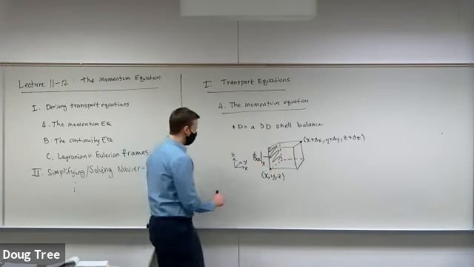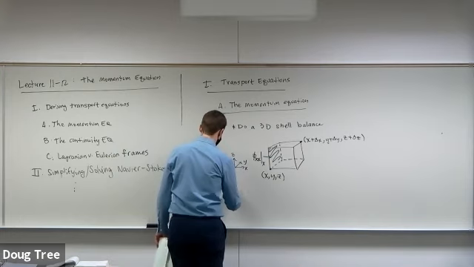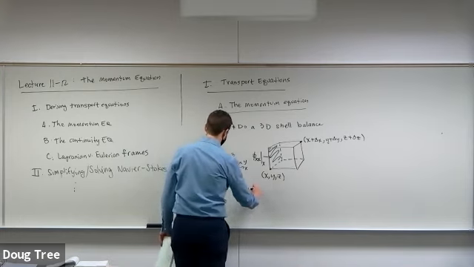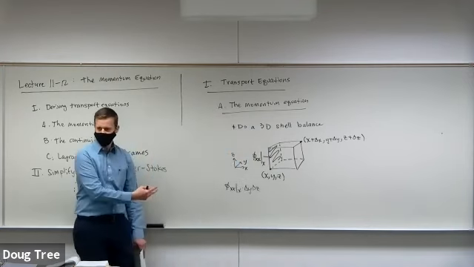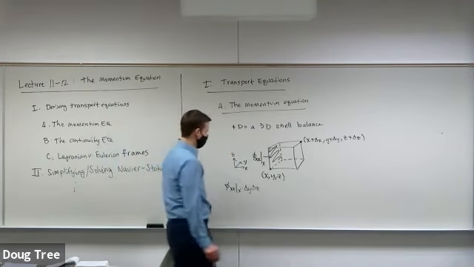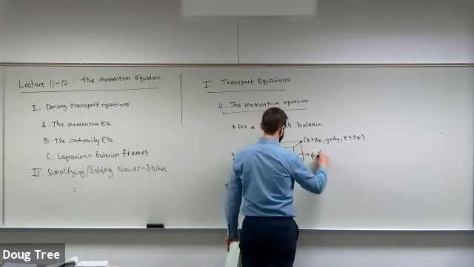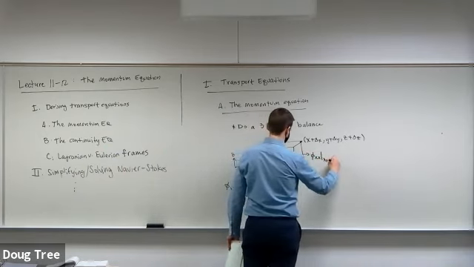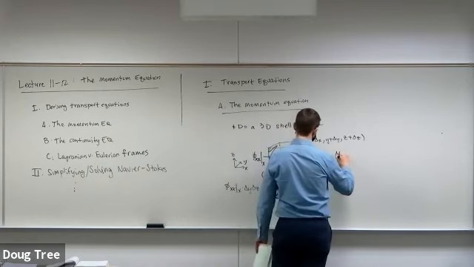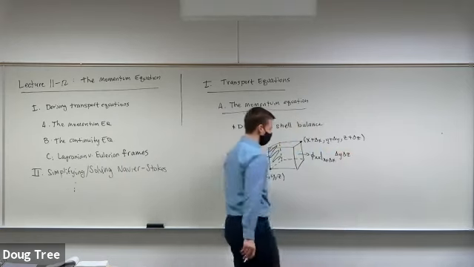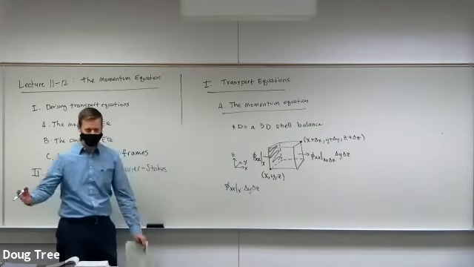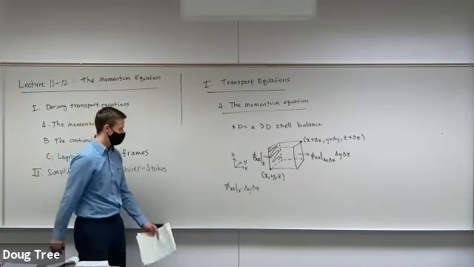So that's phi xx at x multiplied by delta y delta z. That's an example of a flow in on one side. And then we'll have a flow out on another side, which will be phi xx at x plus delta x multiplied by delta y delta z.